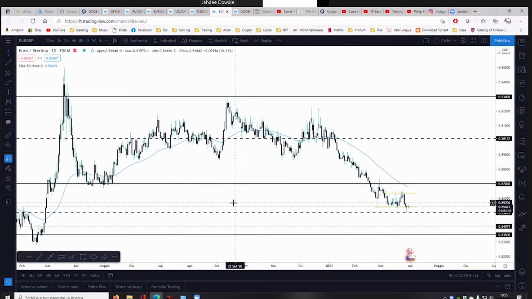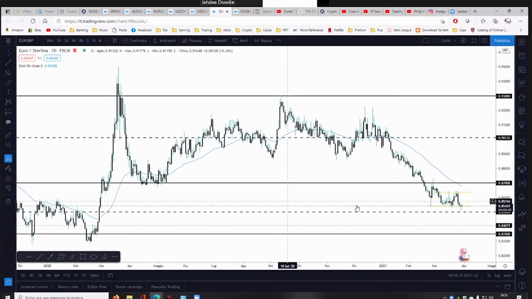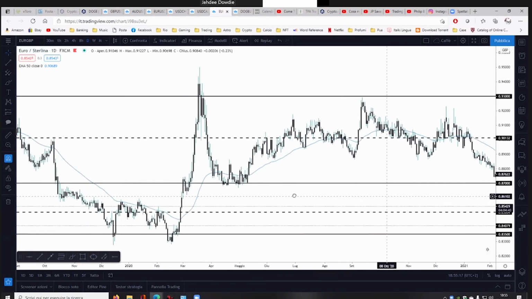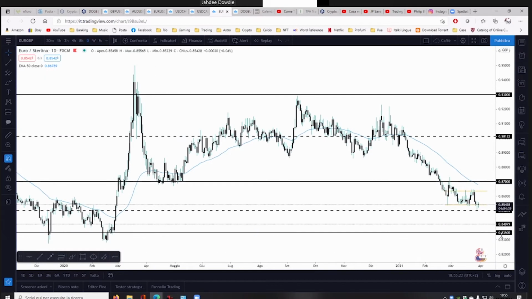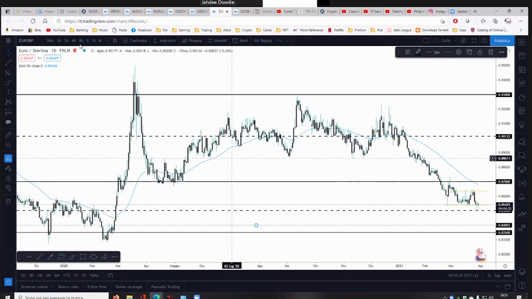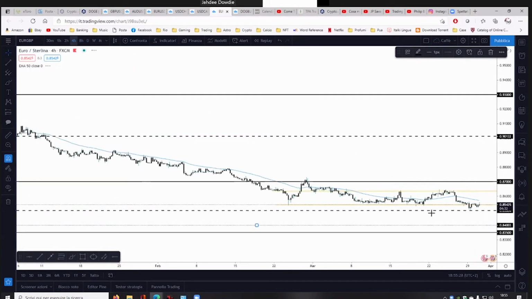I don't know if this is correct or not. Now, for example, if the price would reach this level of 0.83 again, to be honest, I might think about a buy position.